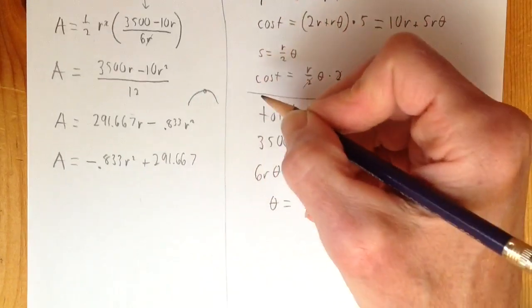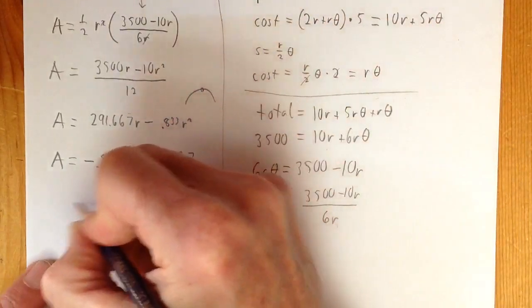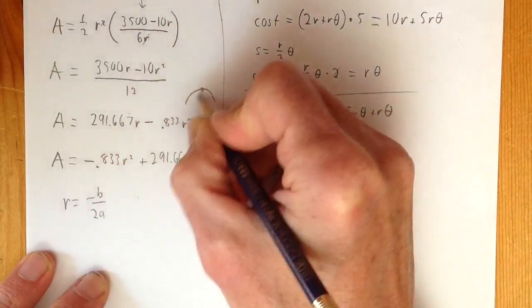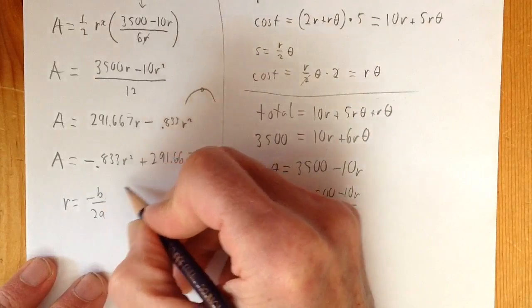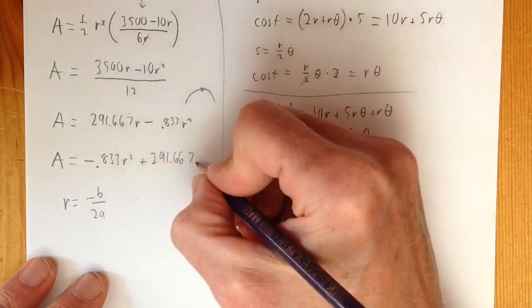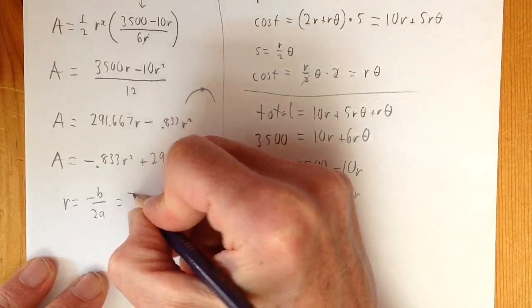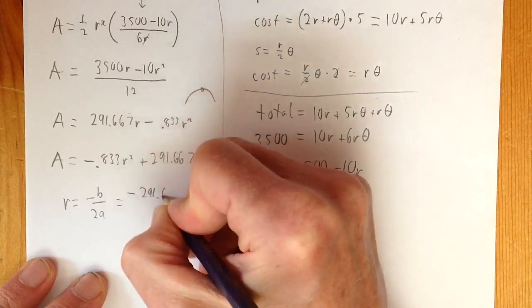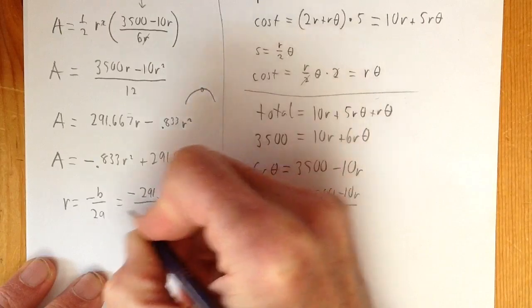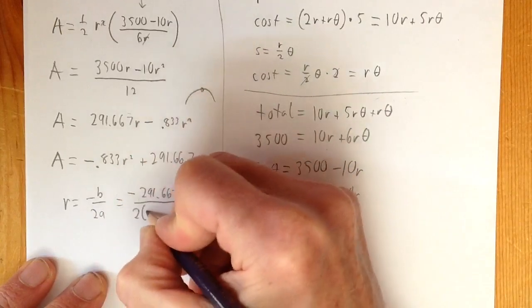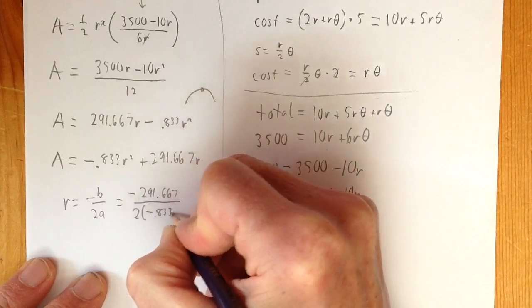We want to find the vertex, which we know is at negative b over 2a. So r is negative b over 2a where it's going to be at the peak. B is 291.667, so that's negative 291.667 divided by 2 times a, which is negative 0.833.